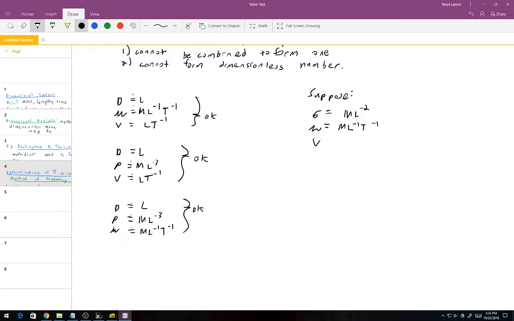And V, dimensions L, T to the negative 1. Would these work as potential repeating variables? Well, let's see. What happens if I do sigma over mu V? That's going to give me 1. So this one would not work.